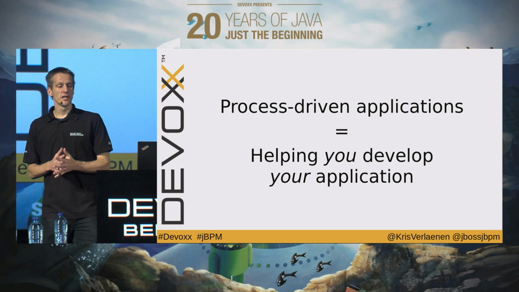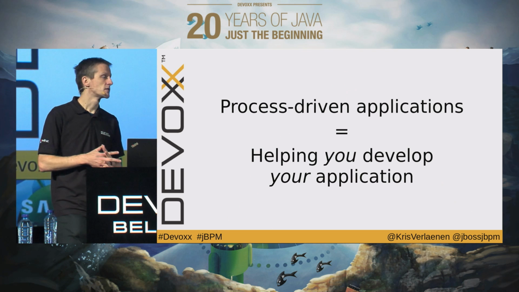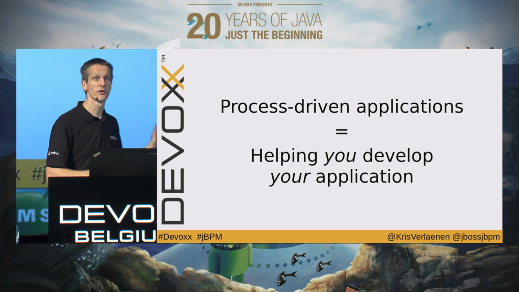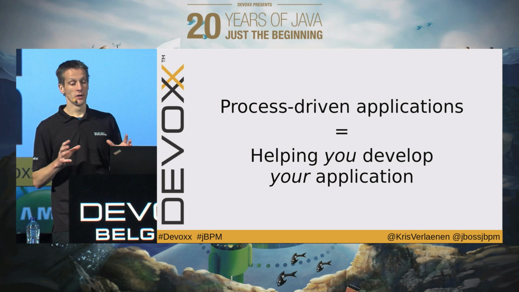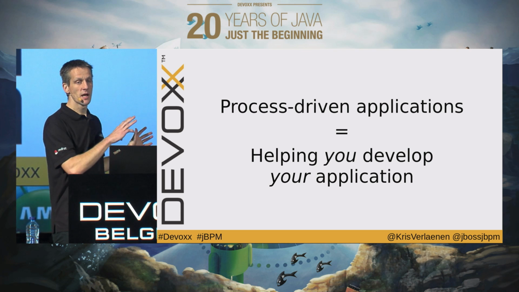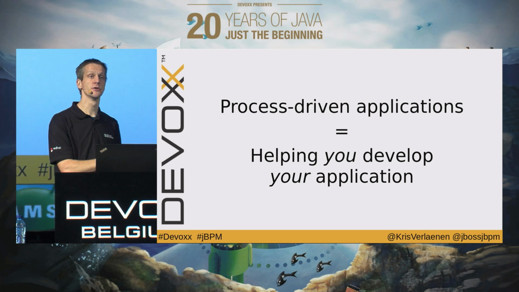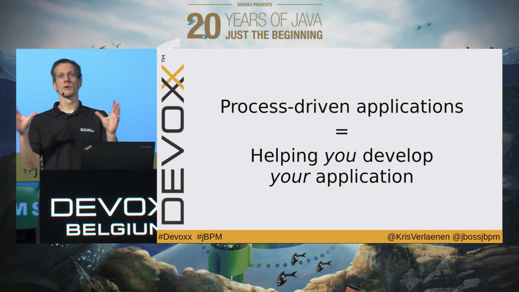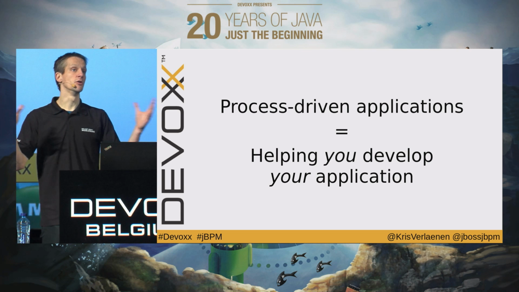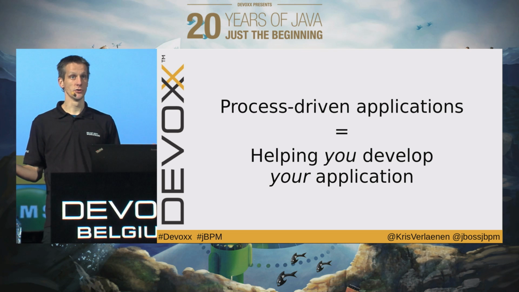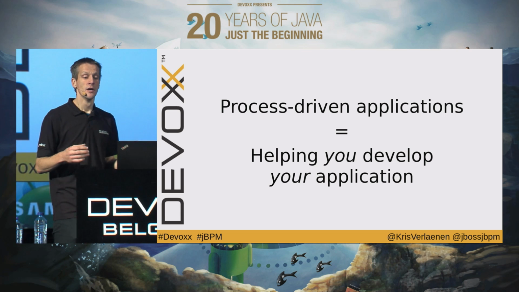And so the presentation I'm going to do today is going to focus on what I call process-driven applications. While BPM is a technology, and you can just look at it as a technology you can use, obviously your goal when you're developing something is to build your application, and you're going to try and use technology that will help you with that.